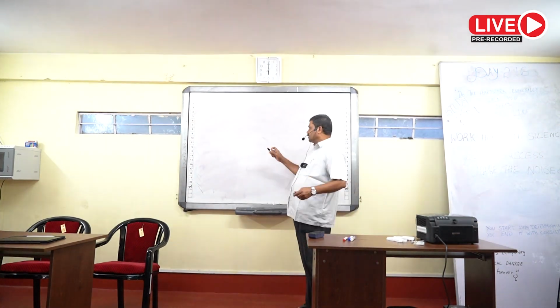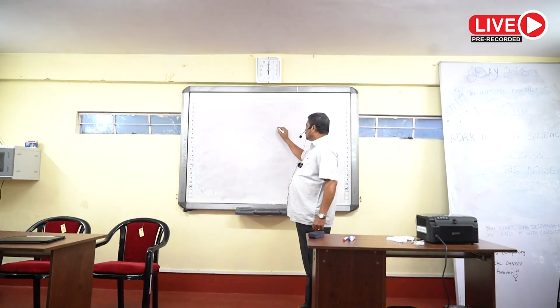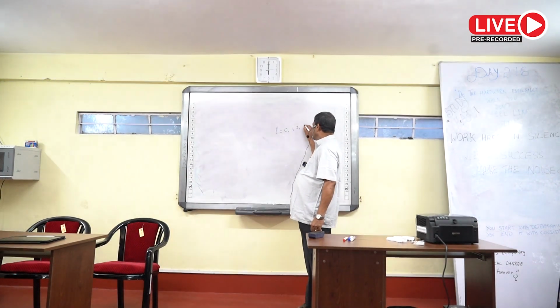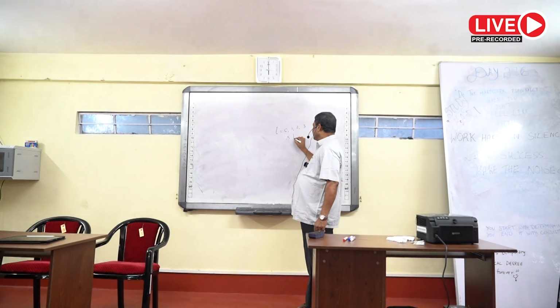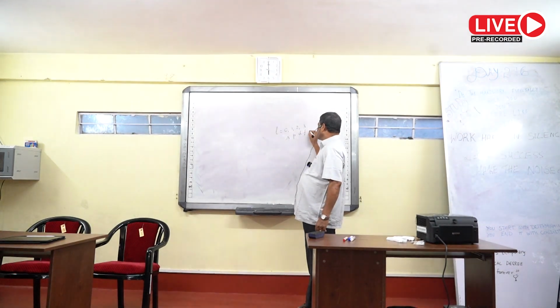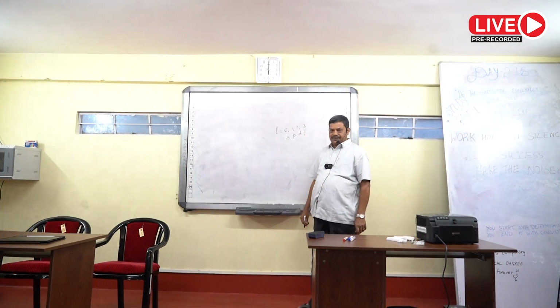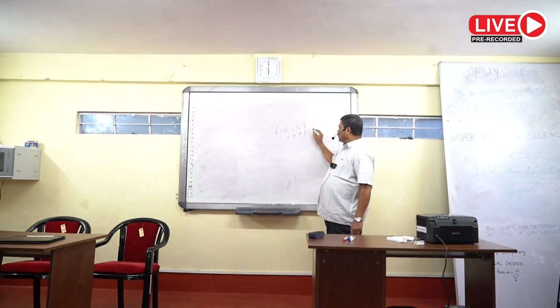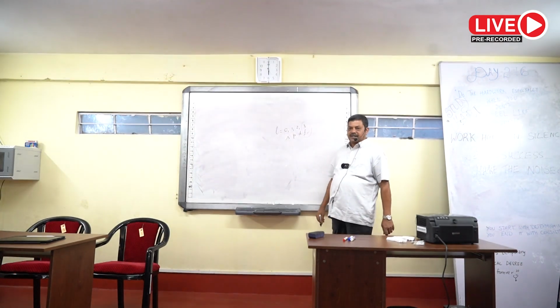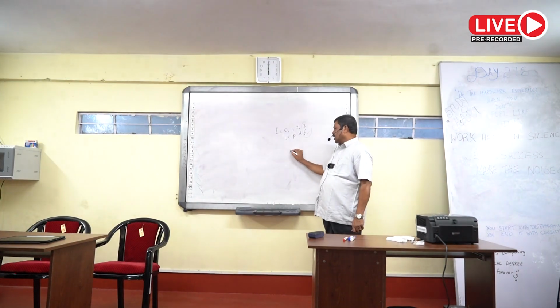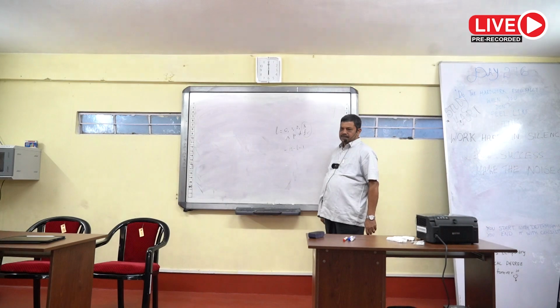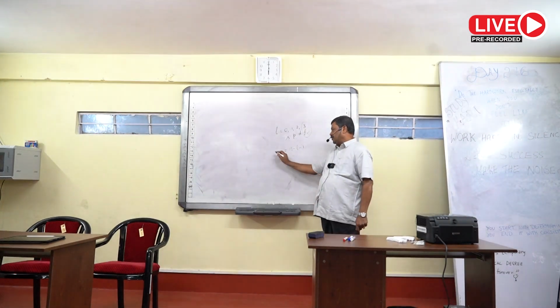Very good. So l equal to 0, 1, 2, 3 are indicated with s, p, d, f. So the l value for f is 3. We are asking the number of radial nodes for the 4f orbital.